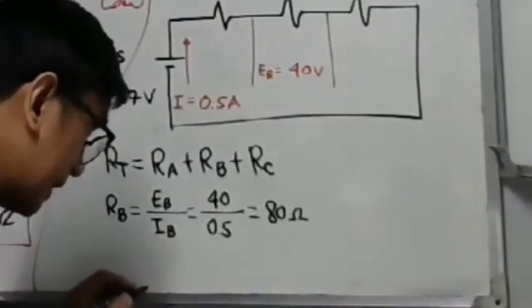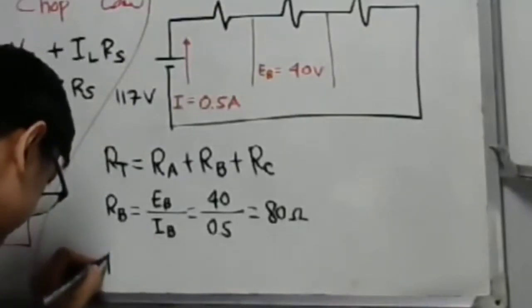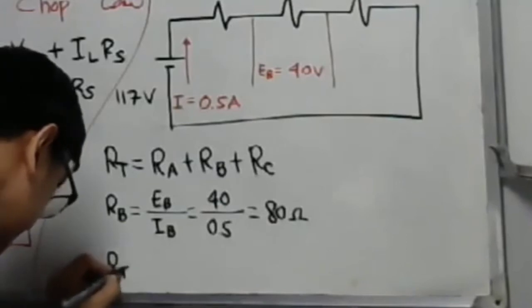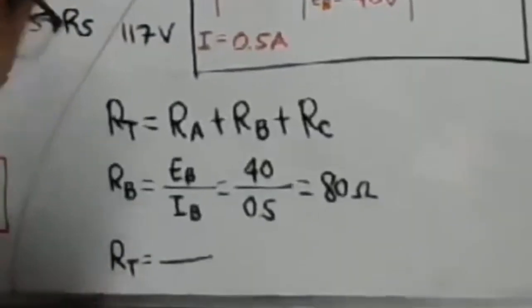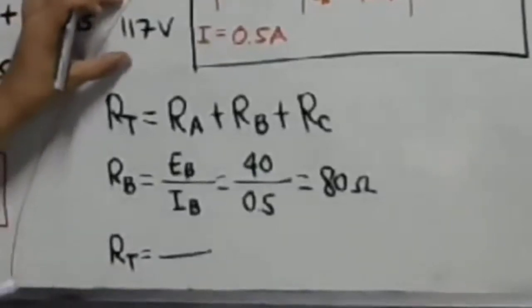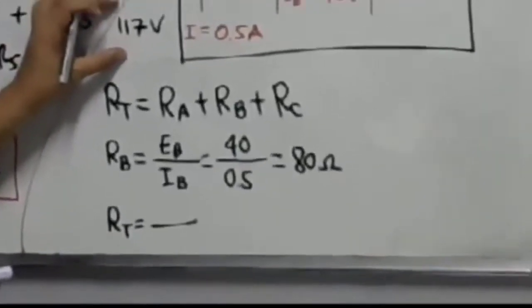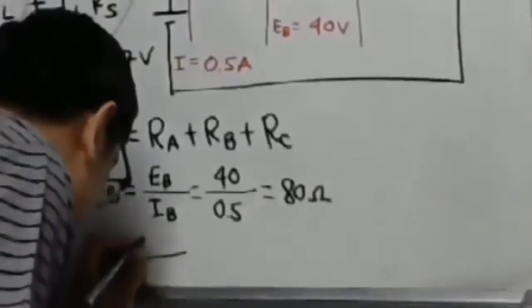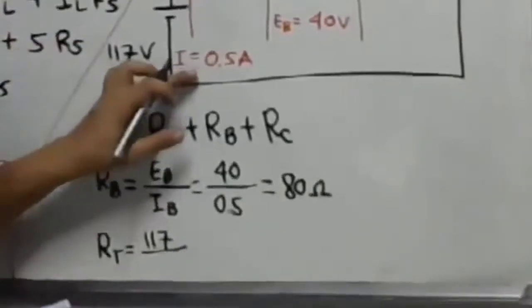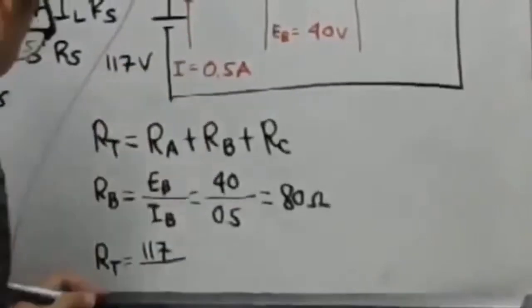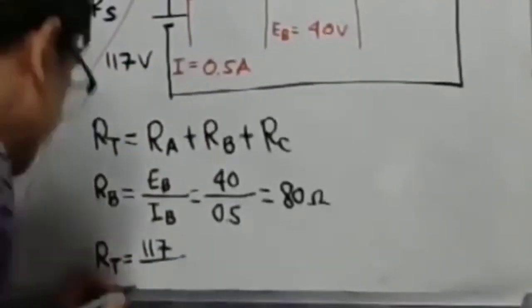Okay, we can get the value of the total resistance here. What is the total resistance? Please take a look here. Total voltage, 117 volts. What is the total current? We have 0.5 ampere. Total voltage over total current.